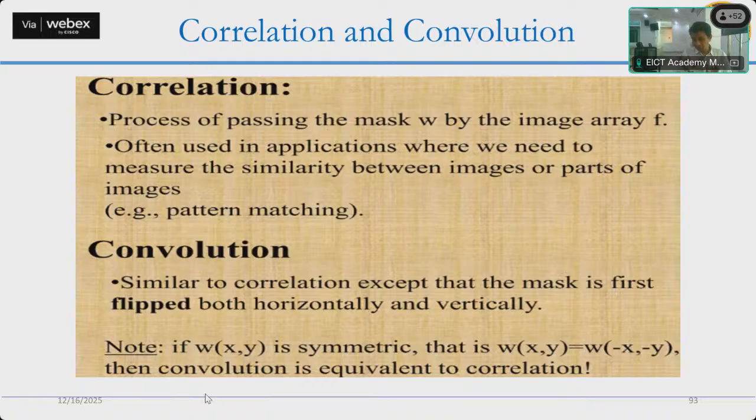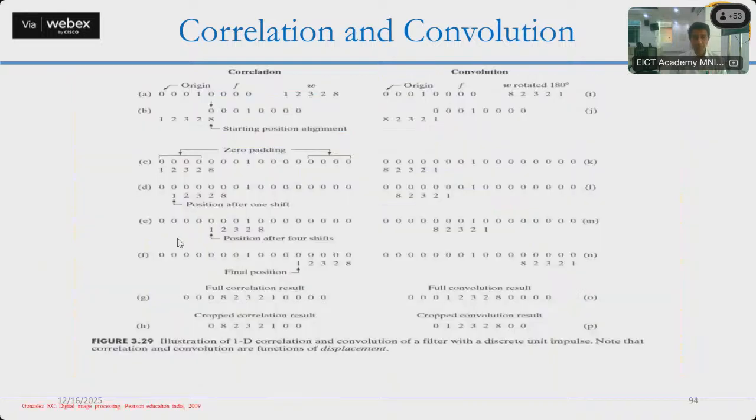Then you shift it and then you multiply. What has been shown here is that if w(x,y) is symmetric, then w(x,y) equals w(-x,-y). That is the only difference between correlation and convolution.